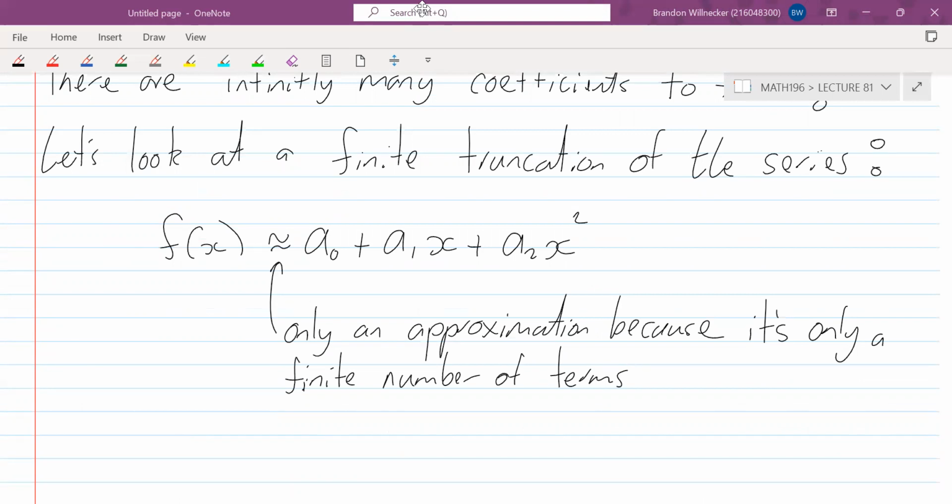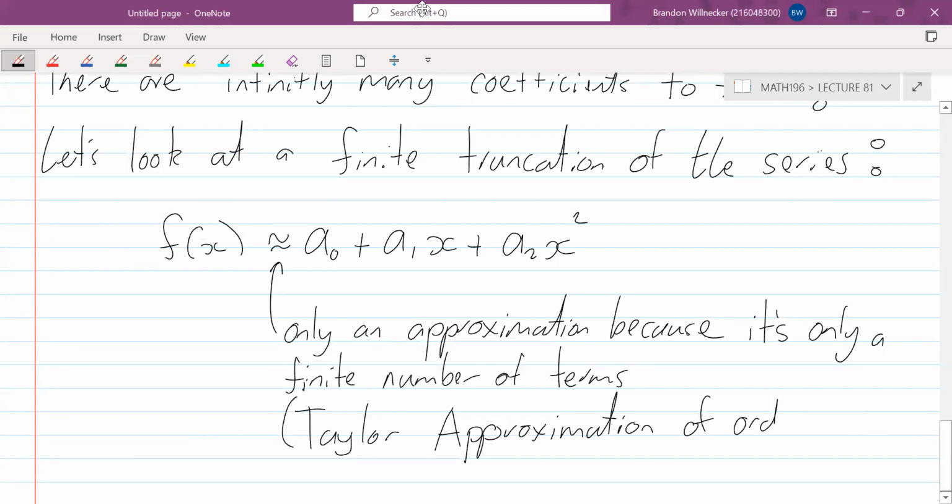If we add more terms, it will be a better approximation, but still an approximation. So we call this a Taylor approximation. In this case, since it's a quadratic or order 2 polynomial, this is a Taylor approximation of order 2. If we took more terms, then it would be a Taylor approximation of whatever the highest order is. So if you go up to x to the 4, then it's a fourth order Taylor approximation.